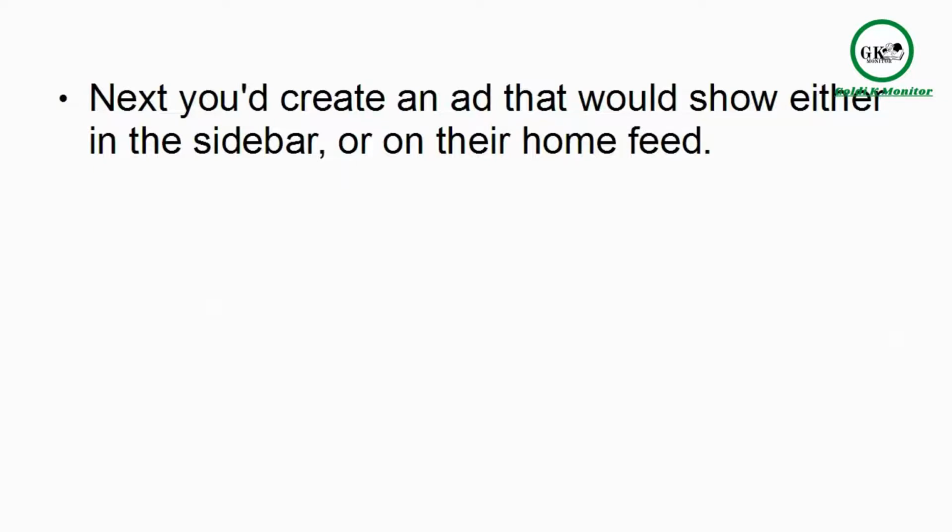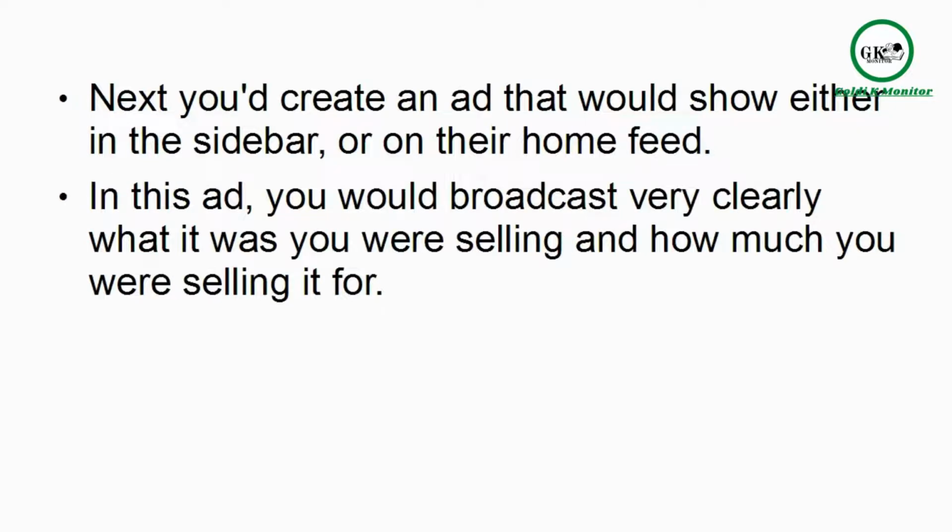Next, you will create an ad that would show either in the sidebar or in their home feed. And in this ad, you will broadcast very clearly what it was you were selling and how much you were selling it for. So you will want to have a nice eye-catching ad. You'd want to have a picture of the ebook cover.